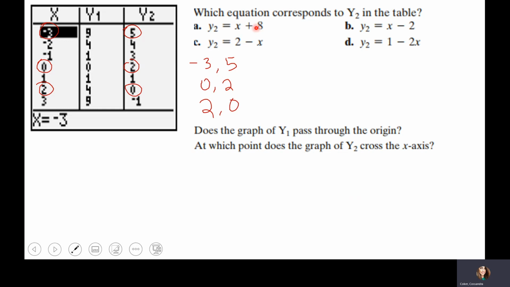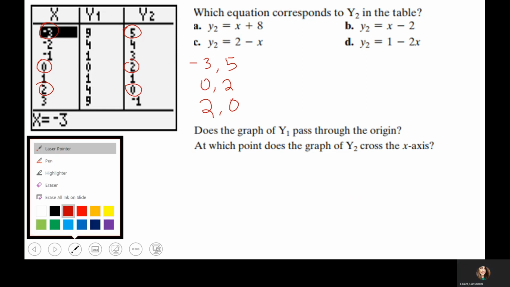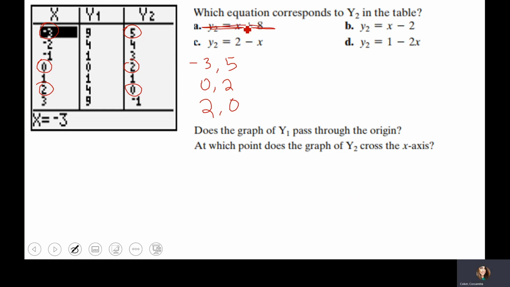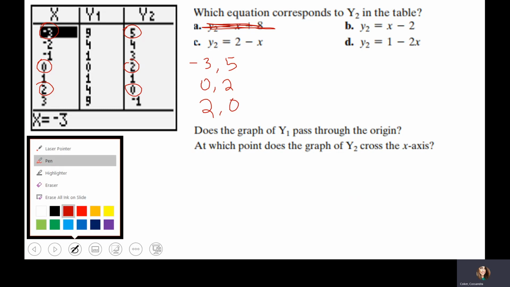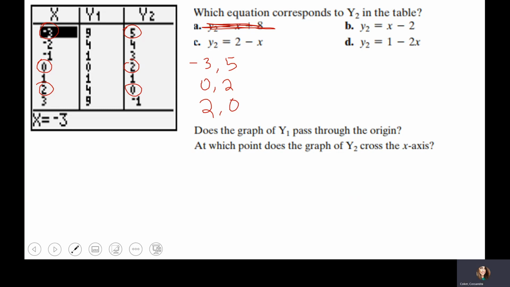So it cannot be A. Let's look at B. If I take -3 and I plug in for x, subtract 2, I get -5, which is not +5. So it is not B.